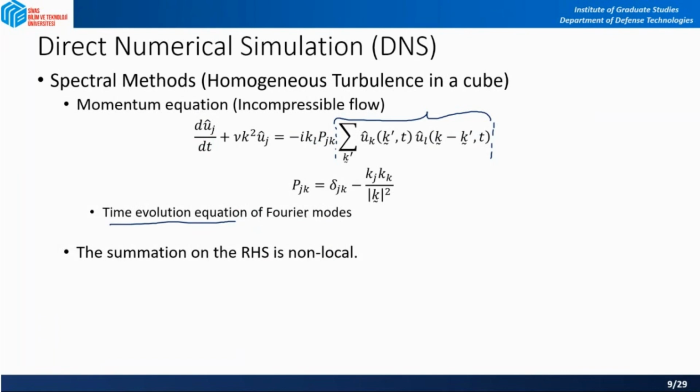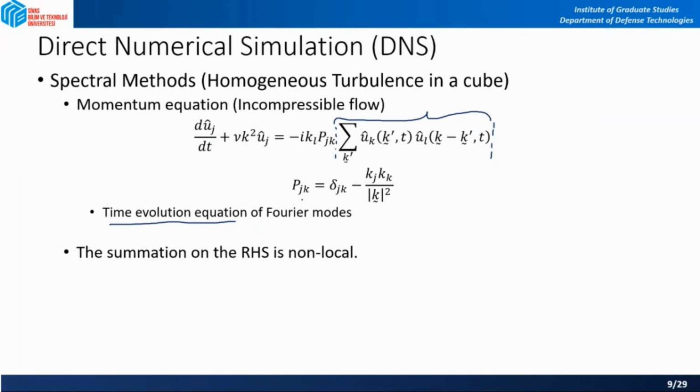And PJK is a second order tensor. It is a 3 by 3 matrix. You have JK indices, and it is composed of some constants. You know that each Fourier mode has some constants.